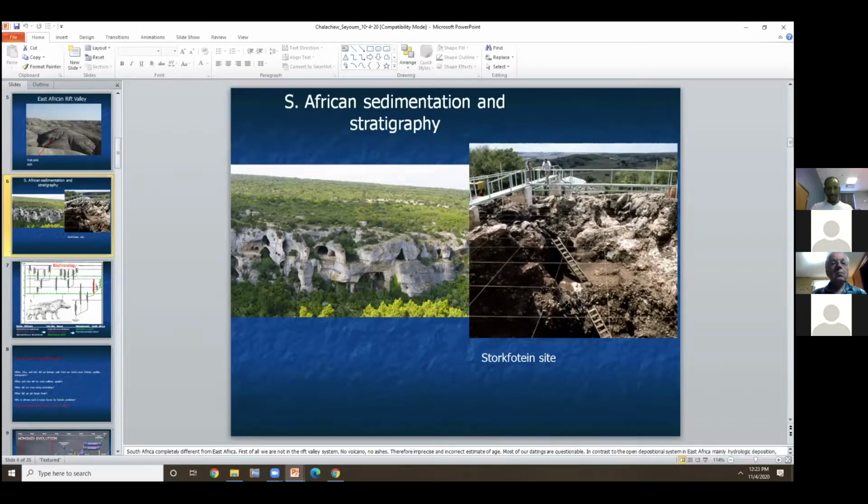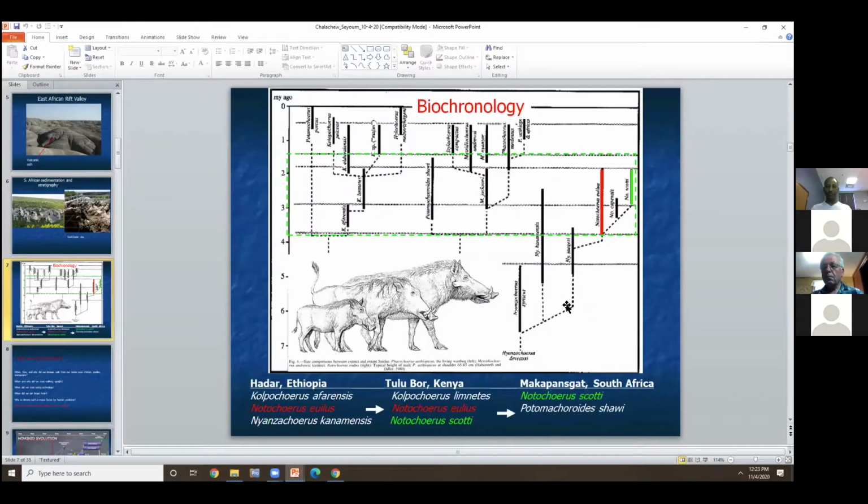As a result, we mostly use biostratigraphic dating techniques. We use them at all sites whenever necessary, but mostly in South Africa. So dating the accumulations in South Africa requires the use of biostratigraphy because we don't have volcanic ash.